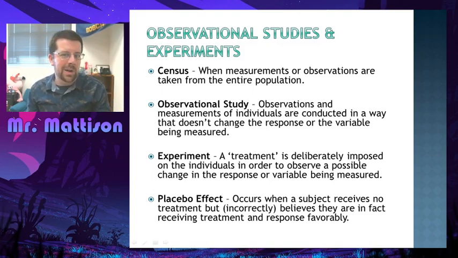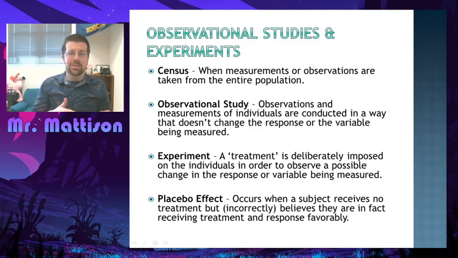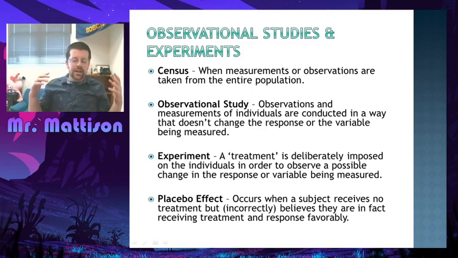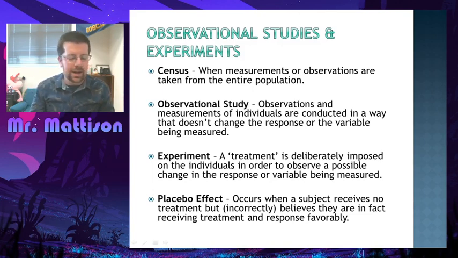Then we have experiments. Now, an experiment is when I actually provide a quote-unquote treatment to a group, right? Now, a treatment is a misnomer in the English language, because we typically think of a treatment as a thing which makes things better or helps. A treatment is just a thing I am doing which is going to cause change, right? So I could, for instance, say, all right, I'm going to get this group of people, and we're going to dye all of their hair blonde, like bleach it blonde, right?